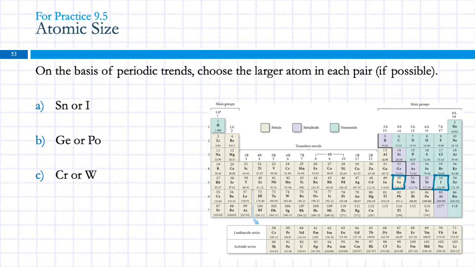They're getting smaller. It's like, okay, it was the opposite of what I thought. Or you could think about the effective nuclear charge, and they're getting pulled in tighter and tighter. So which of these is going to be bigger? The tin, right? Because we're getting smaller as we go across, so tin is bigger and iodine is smaller.